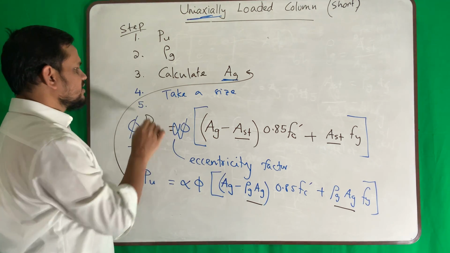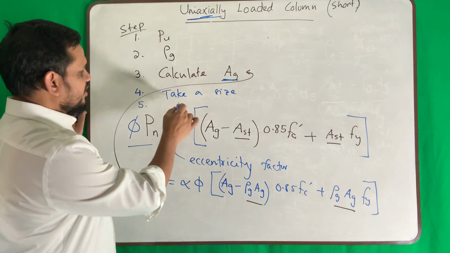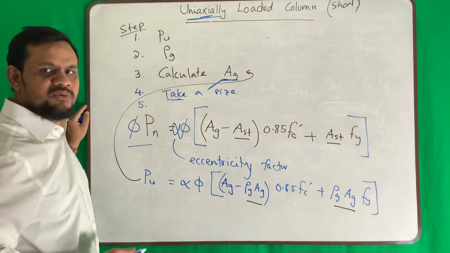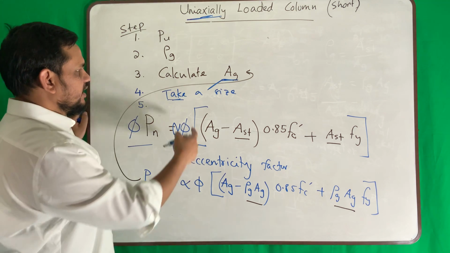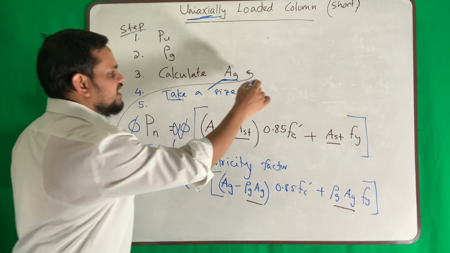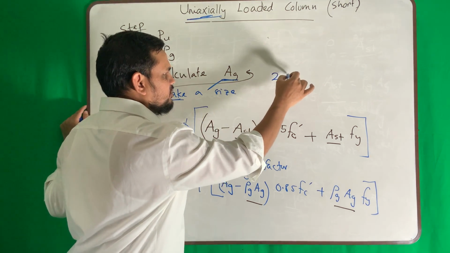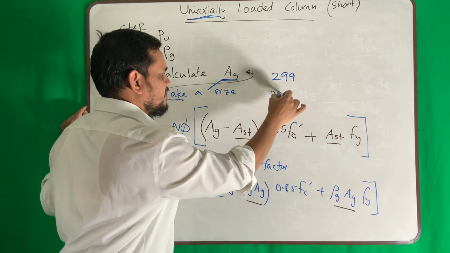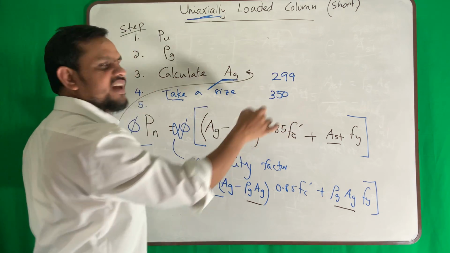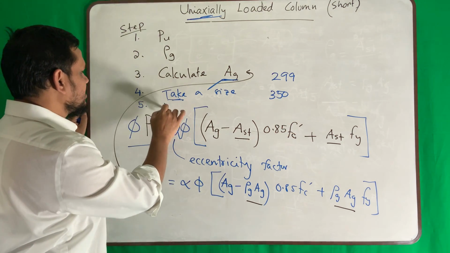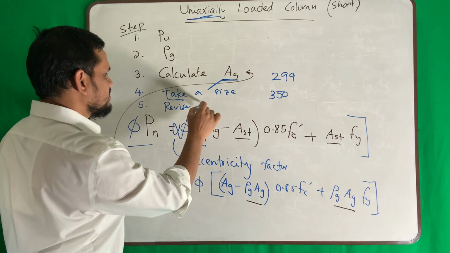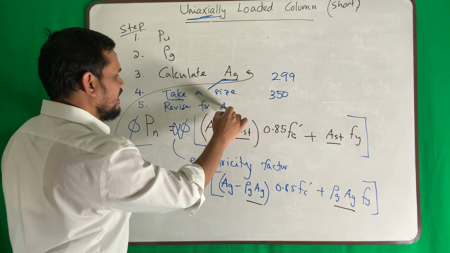Step number 5 is whatever you took, if both are equal, then you do not need to revise it. If, for example, you needed 299 and you are assuming 350 inch square, that means there is a gap. If there is a gap, then revise for AST.